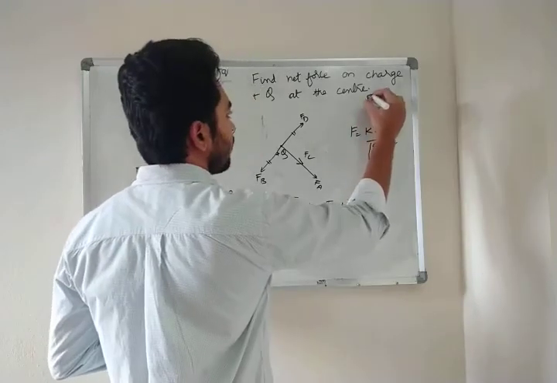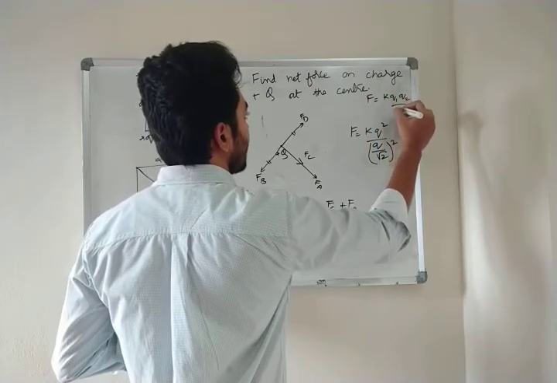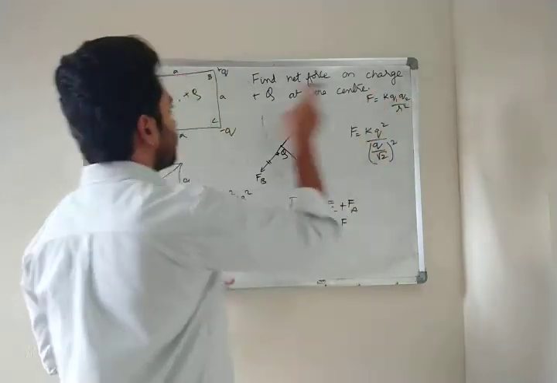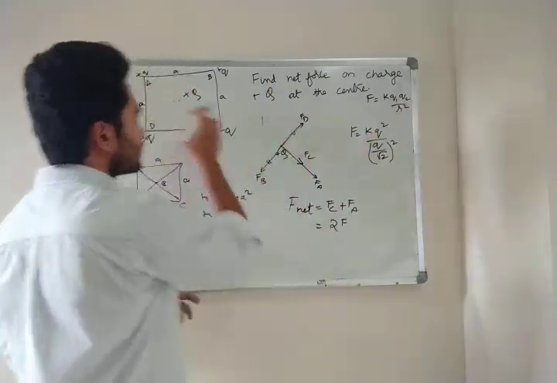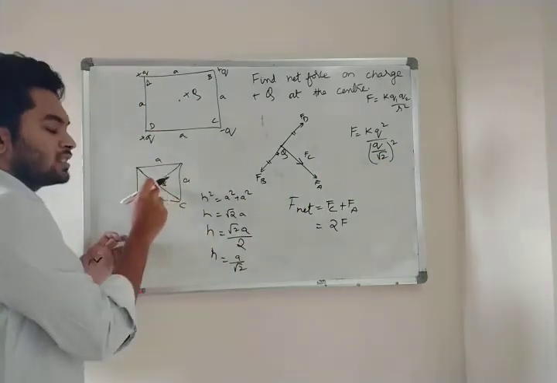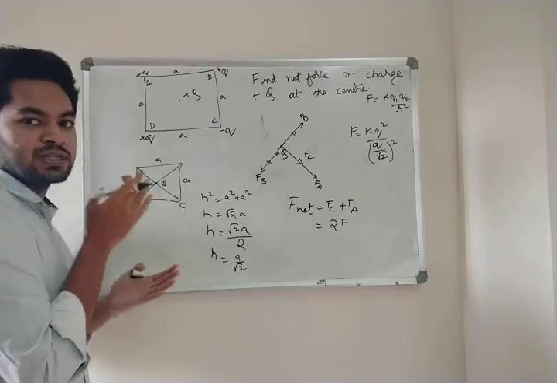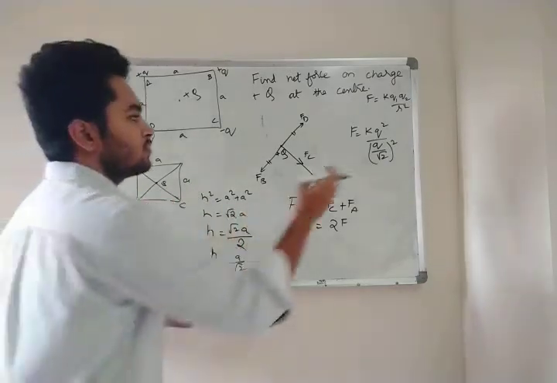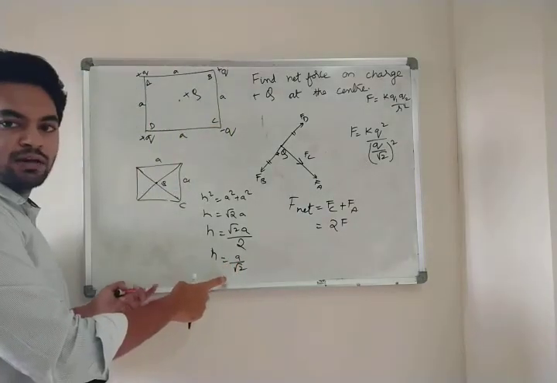Our actual formula is F equal to k q1 q2 by r square. Both charges are q, so q square by r square. R square is the distance. So here our charge is at center. So from center to this point, it is obviously half of the diagonal. That is why we are considering a by root 2. From here we got it.